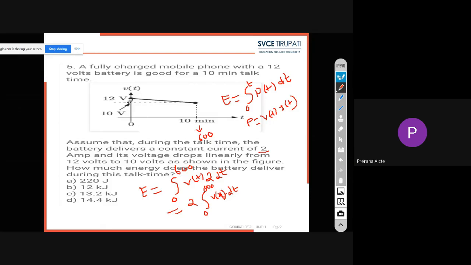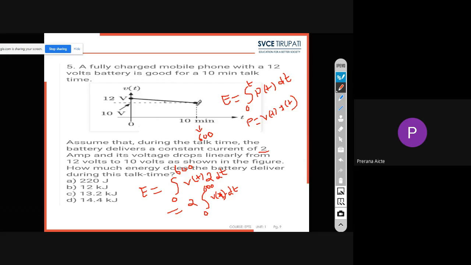So see here, observe here. This is 10 volts from 0 to 10 minutes. Is it constant or variable? The shape is looking like a rectangle. Yes or no? So this is the area of the rectangle up to 10 volts. And what about this portion?